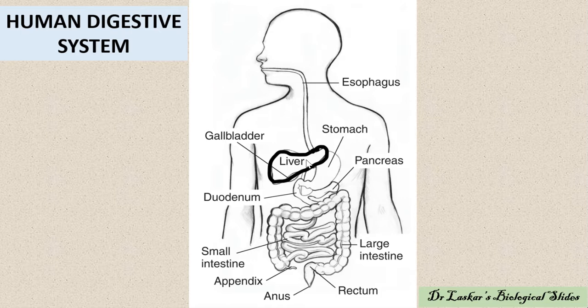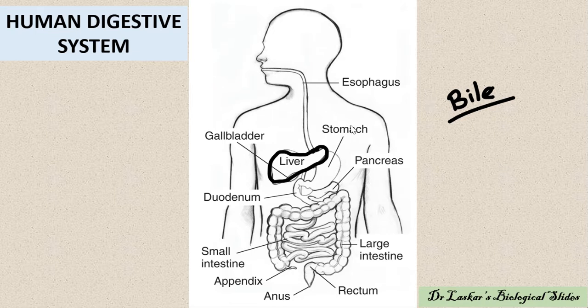It secretes one digestive juice that is called bile juice, and that bile contains bile pigments and bile salts. Bile pigments are like bilirubin and biliverdin, and bile salts like sodium taurocholate, sodium glycocholate, and sodium bicarbonate.